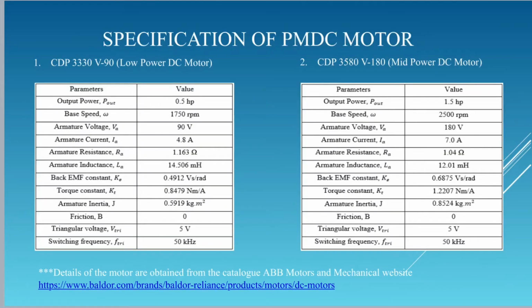These are the details of the motor obtained from the ABB Motors and Mechanical website, baldor.com. The types of motor used are the CDP3330 V90 for the low power DC motor and the CDP3580 V180 for the mid-power level DC motor.